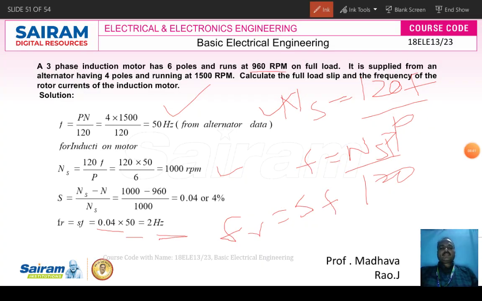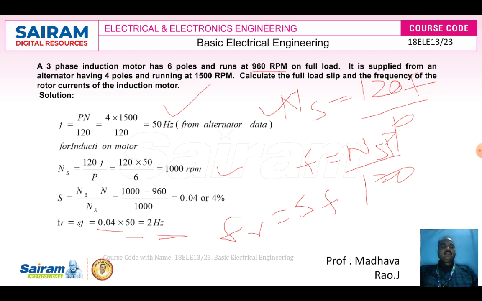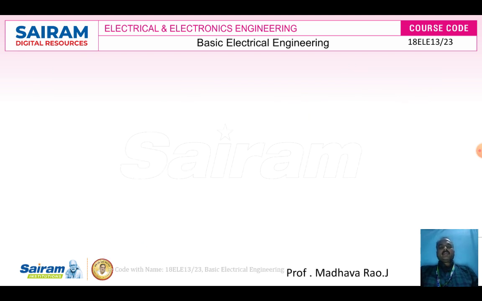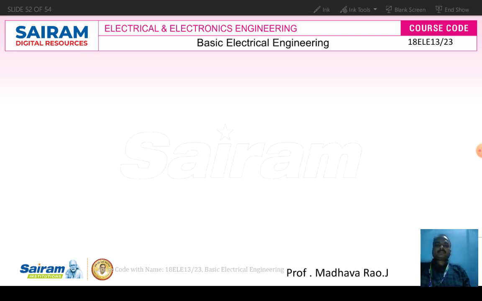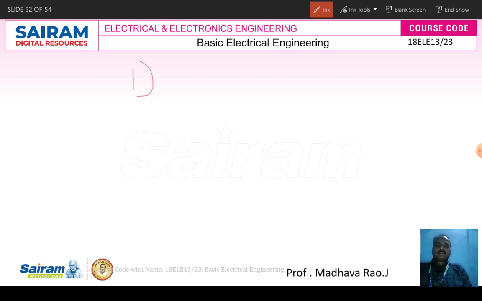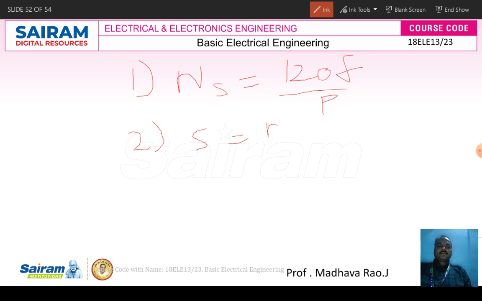These are the most expected problems in the induction motor. Here we will also summarize the formulas that are very important. The first is Ns equal to 120 F by P. Slip is equal to Ns minus N divided by Ns, so we can calculate slip using this formula.